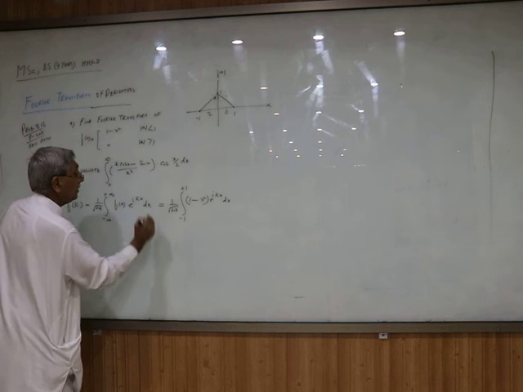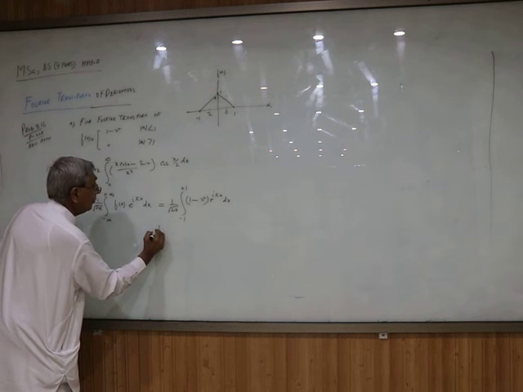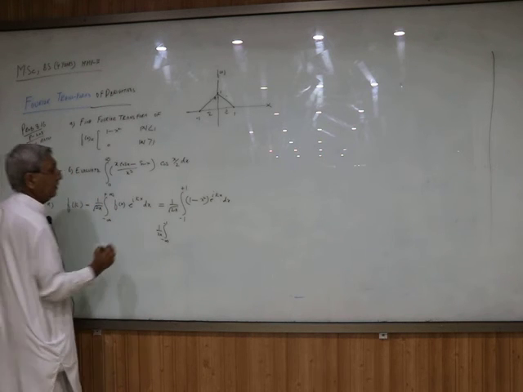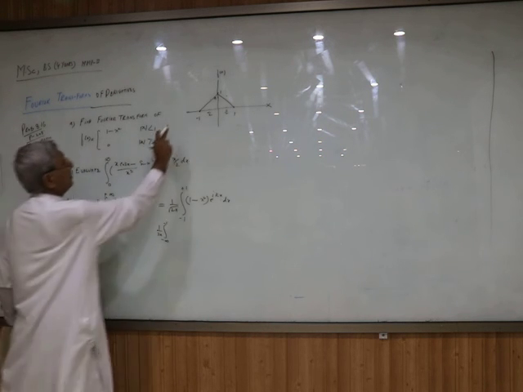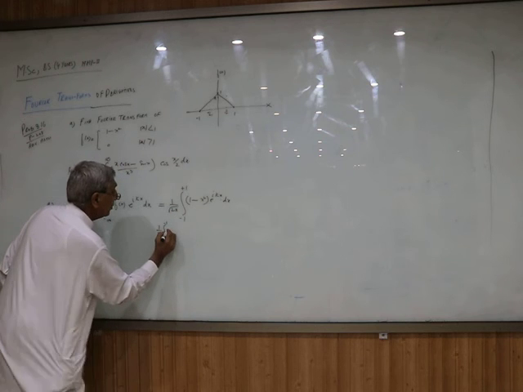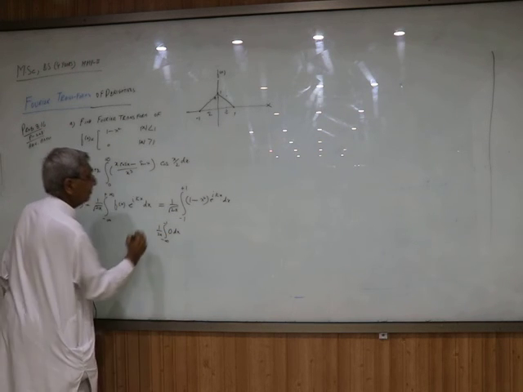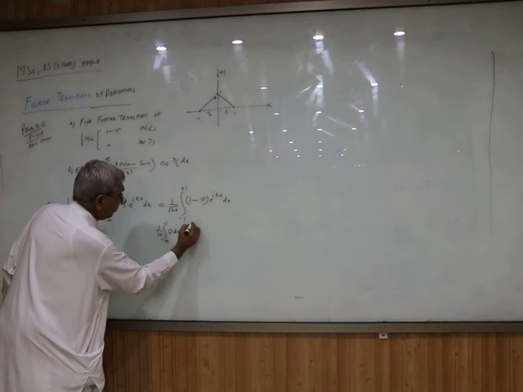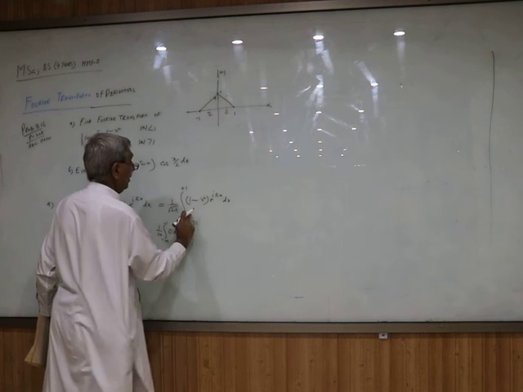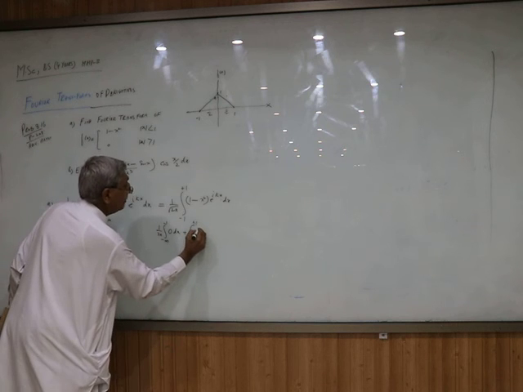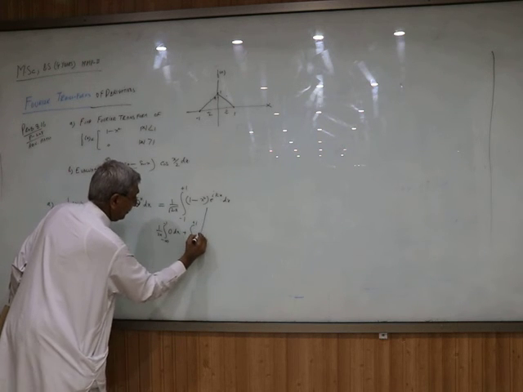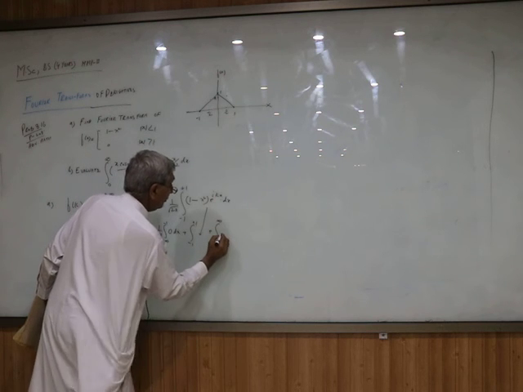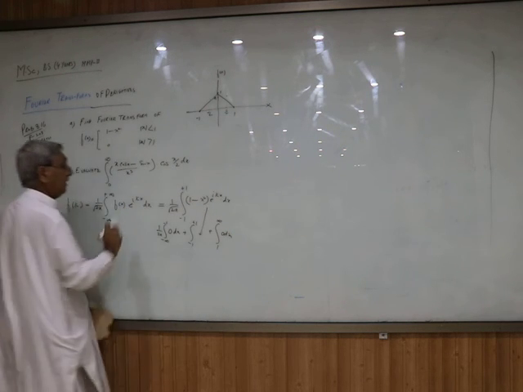So first you will write 1 over square root of 2 pi, from minus infinity to minus 1, the function is 0. Then from minus 1 to plus 1, the function is this one. Then from 1 to infinity, again the function is 0. So you have only that thing.